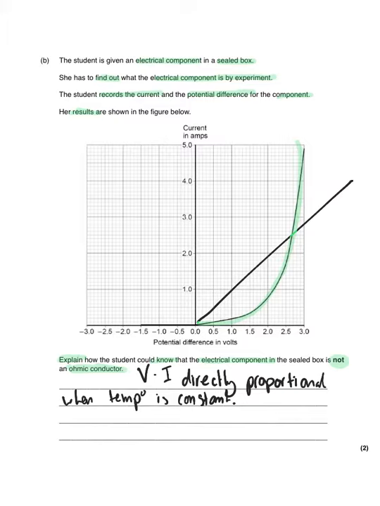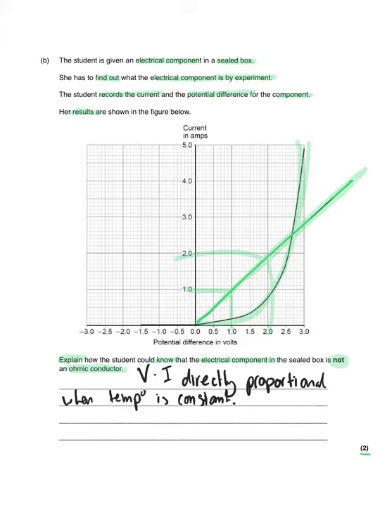Ohm's law tells me that the current is directly proportional to the potential difference applied across the component. But as this graph is curved, it cannot be an ohmic component, otherwise it would look like this: a straight line, showing that it would be the same as that and the same as that.